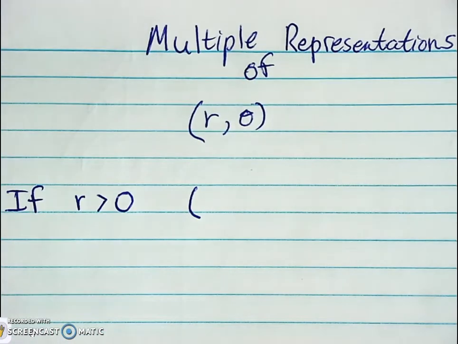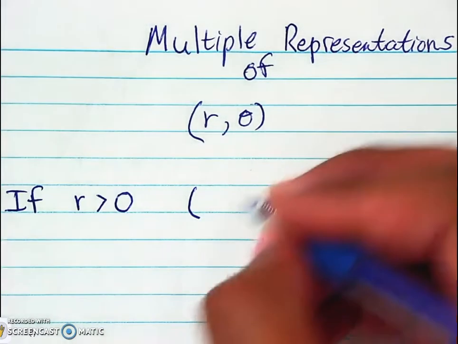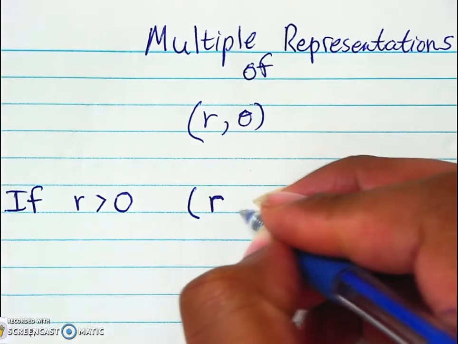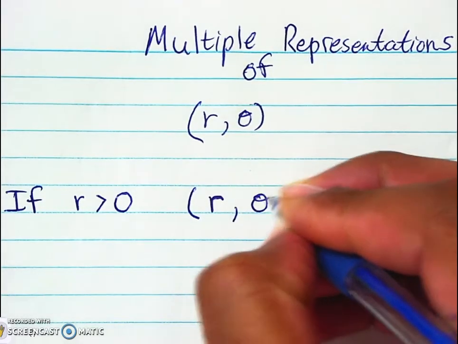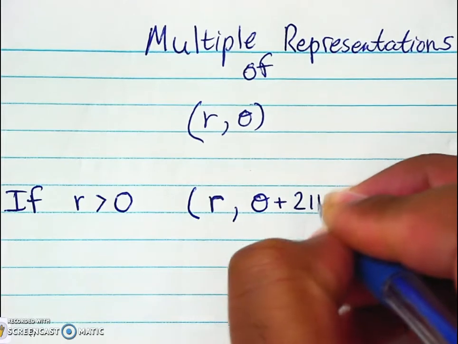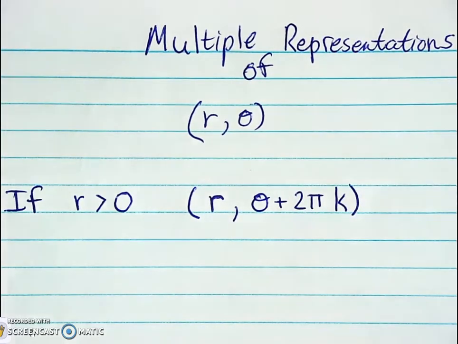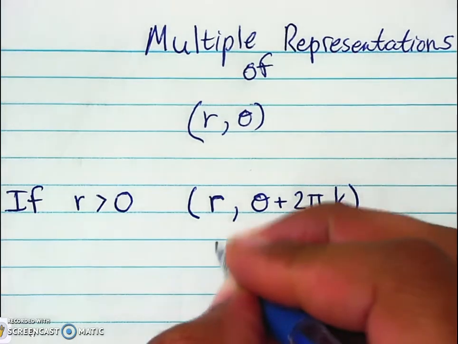Now, if R is greater than 0, to find another representation, we keep R the same and use theta plus 2 pi k, with k being any integer. K is an integer.